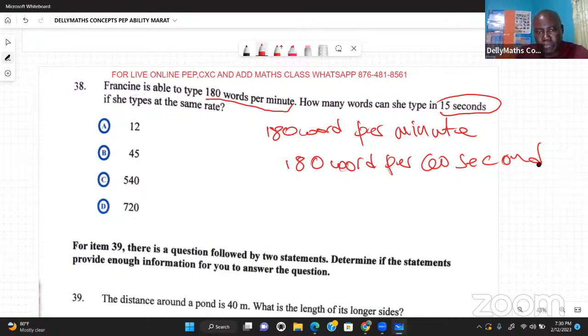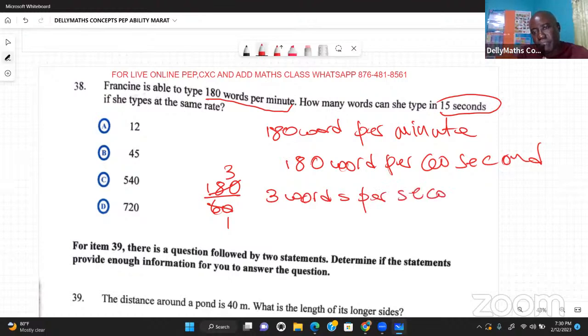For example, if you say 180 divided by 60, you're going to get 3. It simply means that she's typing 3 words per second. Therefore, in 15 seconds, it's going to be 3 times 15, 45 words.